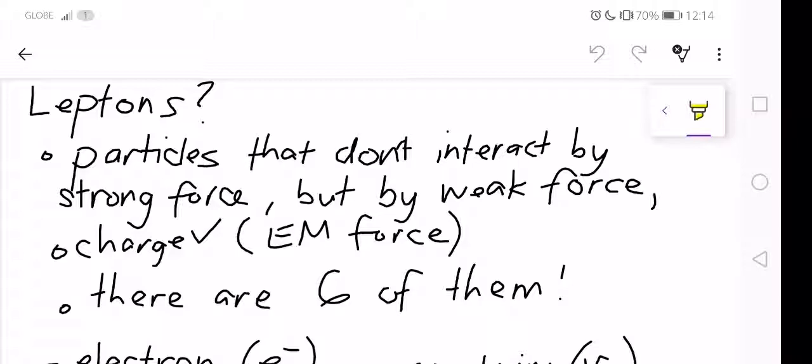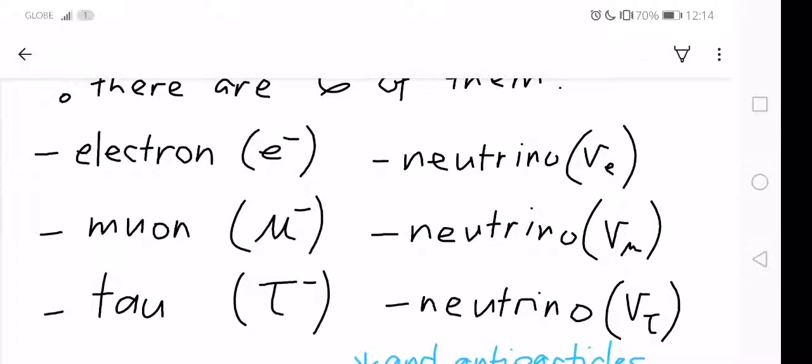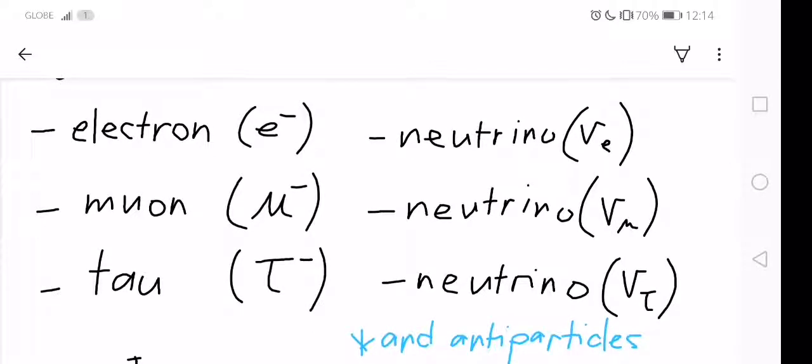There are 6 leptons that we know, and these are the electron, the muon, and the tau. And in addition, we have 3 types of neutrinos: the electron neutrino, the muon neutrino, and the tau neutrino.